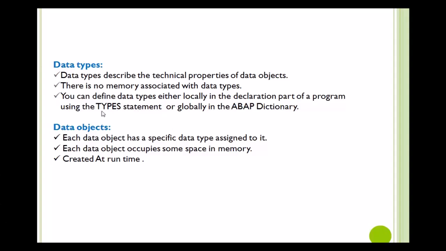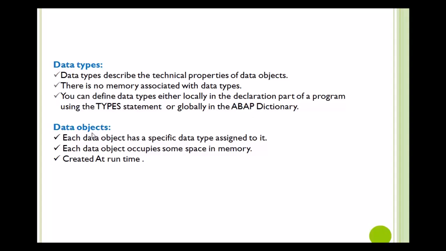That is a structure type we are going to call, and we can directly write it by using the DATA keyword, or globally we are going to create by using the ABAP dictionary. So this topic will be worked out at the ABAP dictionary level, how to create a table. In that table, we are going to create data elements and domains at that level. So we are going to learn that.